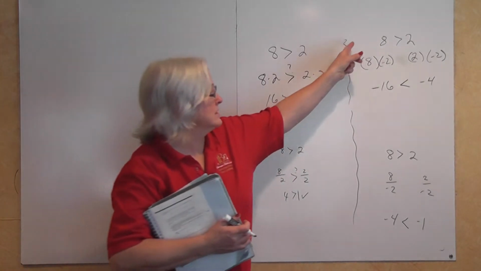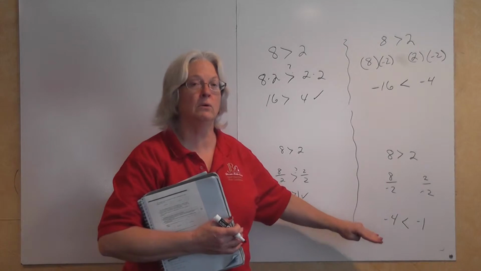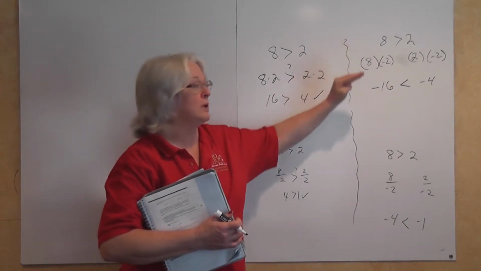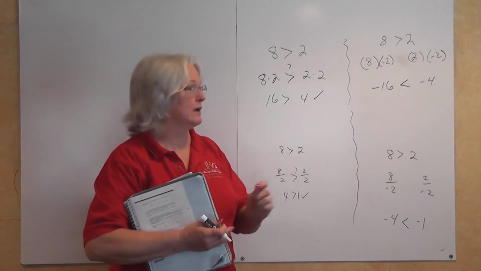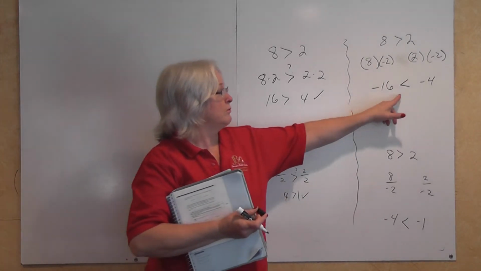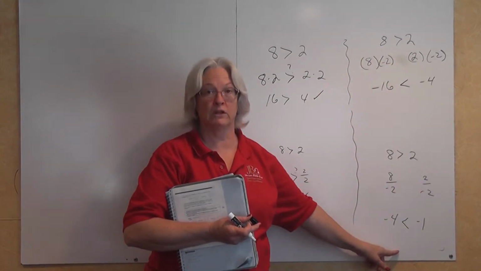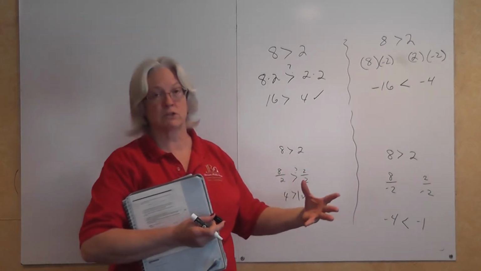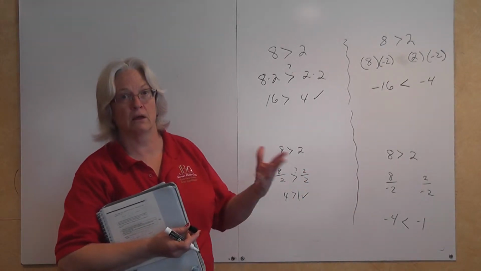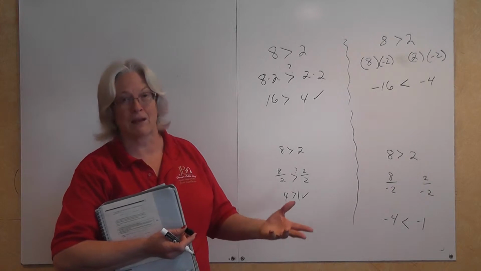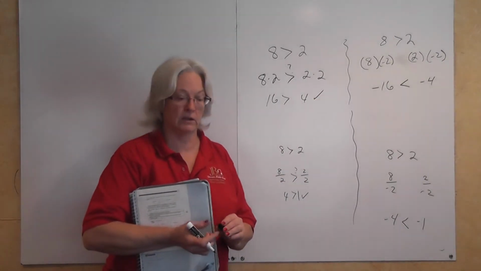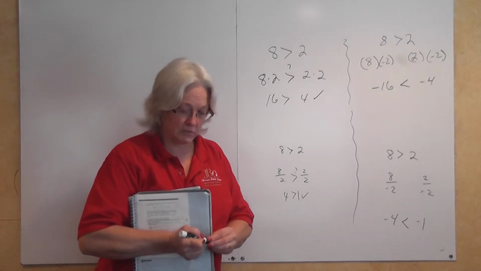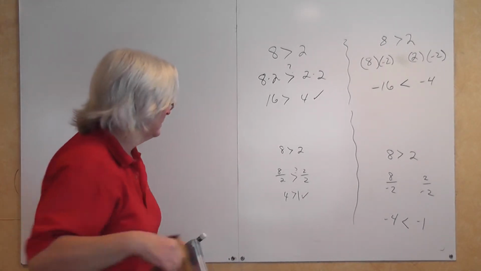So what happens in actuality when you are multiplying and dividing inequalities by a negative number is that the direction of the inequality symbol changes. It makes no difference with subtracting or adding negative numbers. It's only when you multiply or divide, and only when you multiply or divide by a negative number.